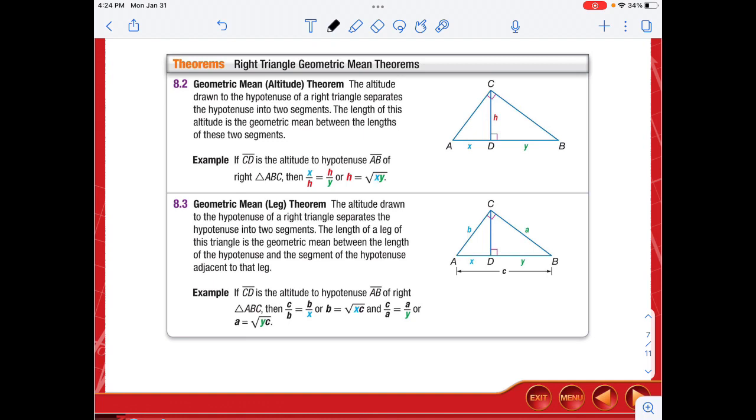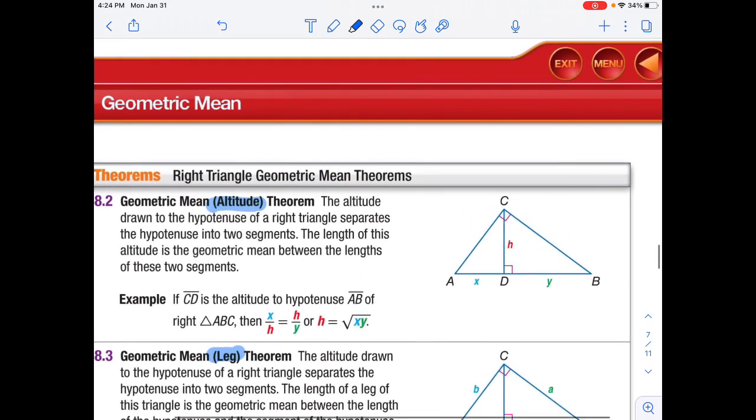There's also kind of a shorter way you can think about these things. This is when you have specifically an altitude or a leg of your gigantic triangle given to you. So first thing, if you are given the altitude or you're trying to find the altitude, that is going to be a repeated part in your proportion. So we're still going to set up a proportion and cross multiply to solve, like we would if we were doing similar triangle stuff, but this is kind of our shortcut.